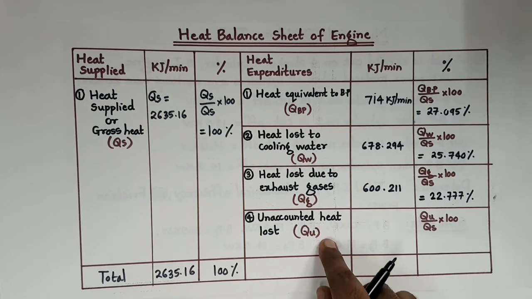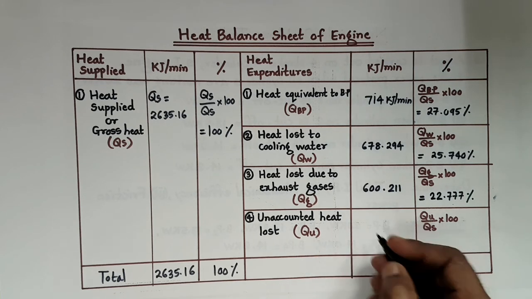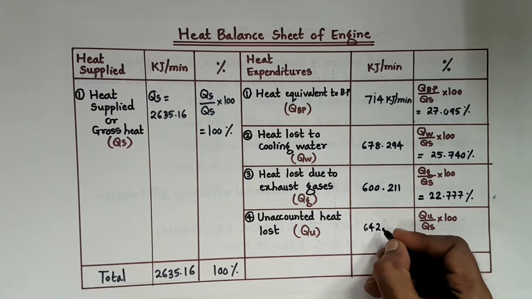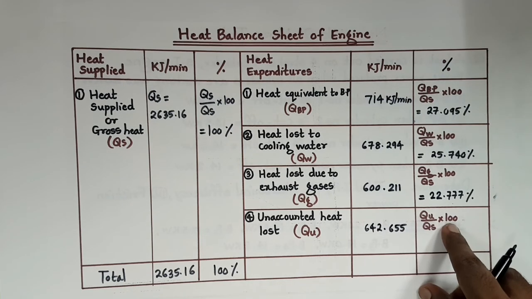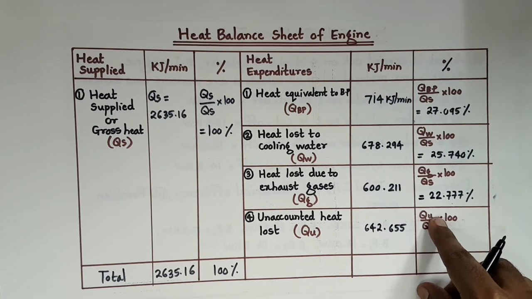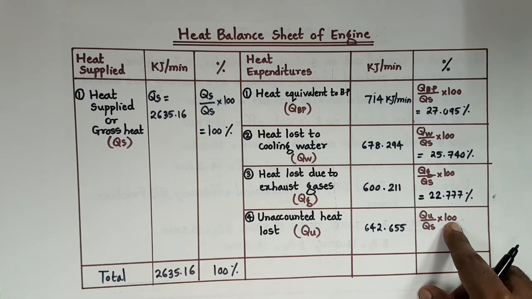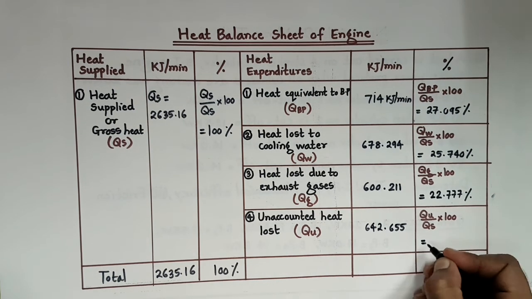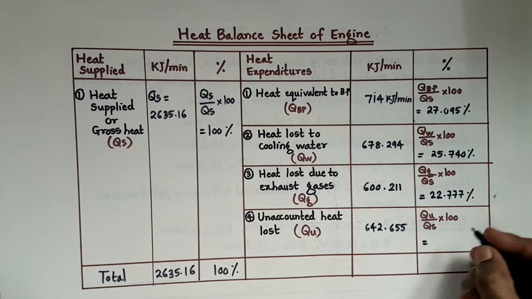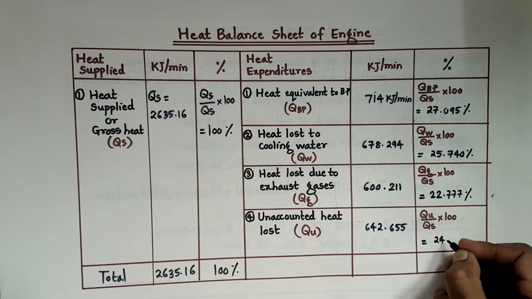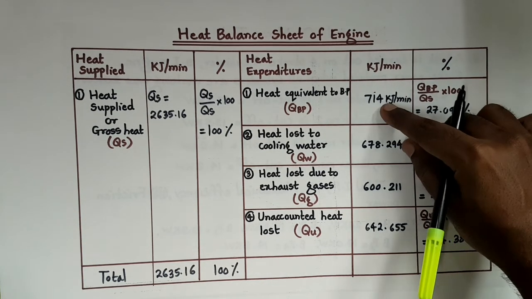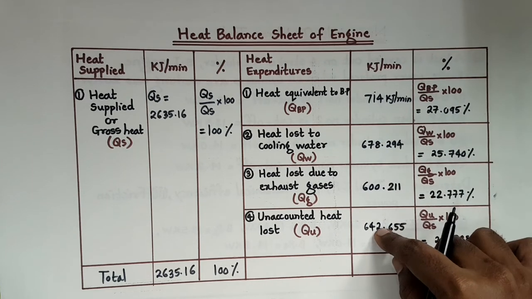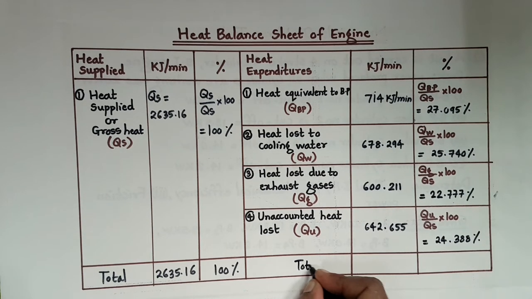Then unaccounted heat loss, already calculated as 642.655 kilojoule per minute. We calculate the percentage as Qu divided by Qs into 100, which gives 24.388%.